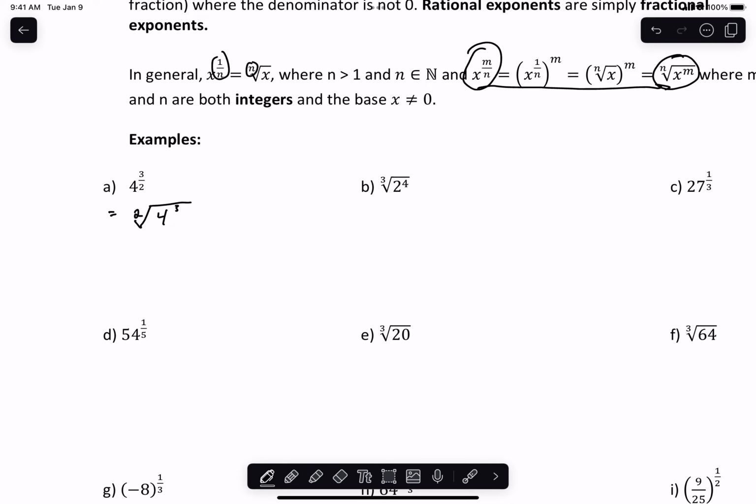What's 4 cubed? What is it? 4 squared is 16. What's 16 times 4? Okay, so you get, do we or do we not know the square root of 64?